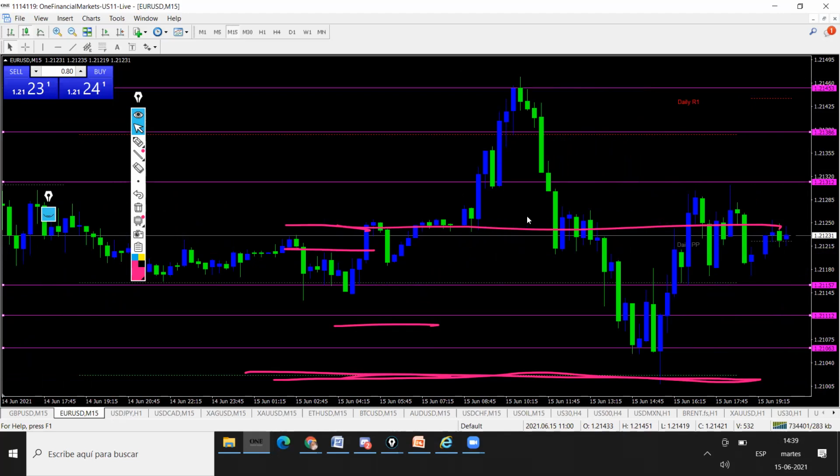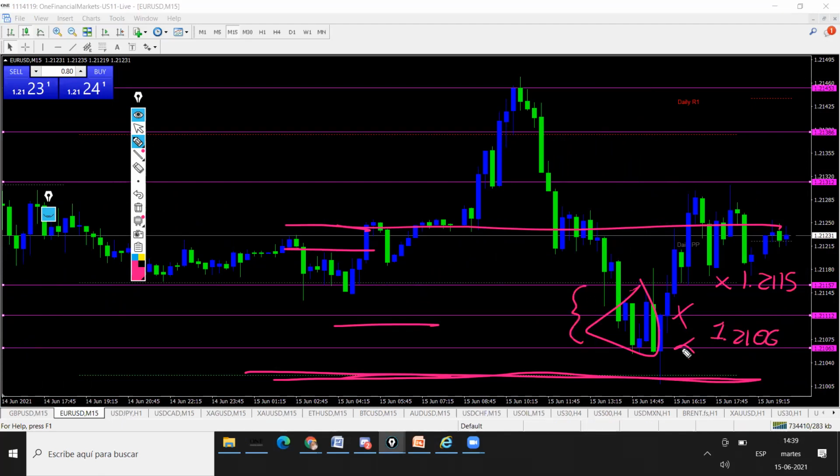So I have to pay attention here because buyers are pretty serious down here. If the market gets below 21.30, I'm probably going to start selling around 21.15 down to 21.06, being careful not to get stuck because I see buyers pretty strong down here.